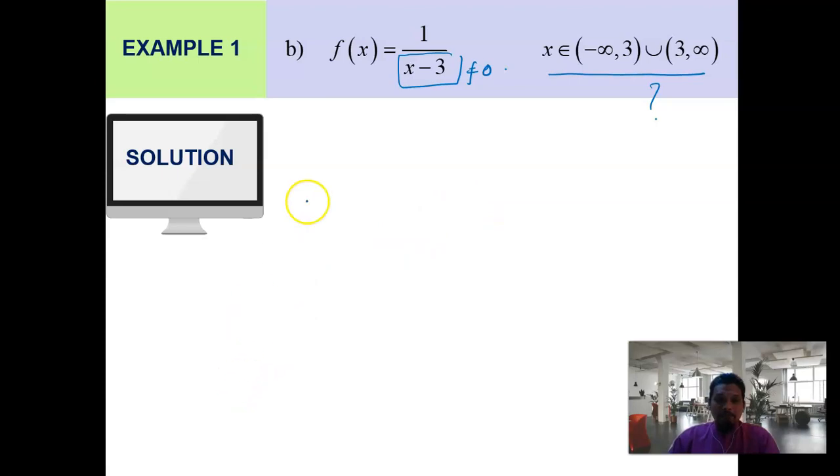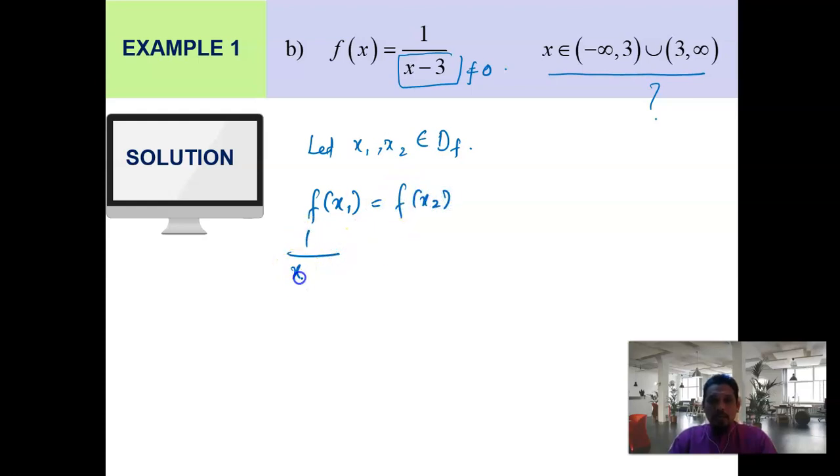Now, for this one, let x1, x2 be elements of the domain D. Then f(x1) equals f(x2): 1 over x1 minus 3 equals 1 over x2 minus 3. So we're just comparing the denominators left and right: x1 minus 3 equals x2 minus 3.